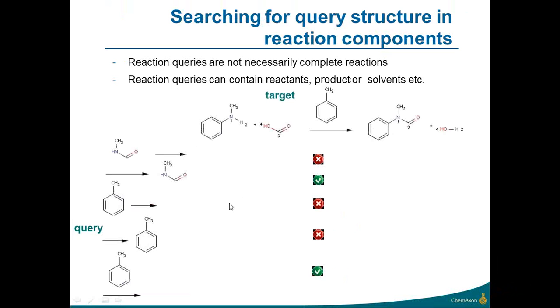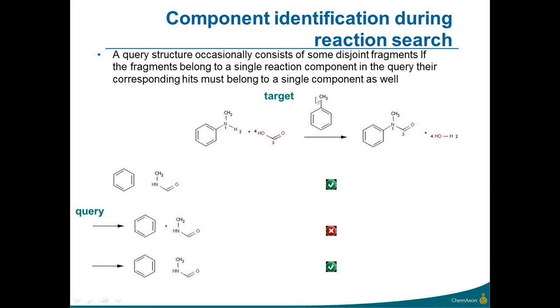But you can also search in specific parts of the reaction. You can search just on the reactant side, or just on the product side, or on the solvent side as well. You can also search for disjoint fragments, or multiple products or multiple reagents at the same time. That's supported as well.